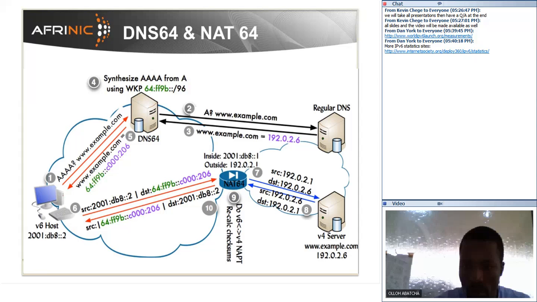So as we all know how NAT works, it remembers the address that came from within the network and sends it out with one of the IPs that it has. In this case, the source now has become 192.0.2.1, and the destination is the IPv4 DNS record that you got, which is 192.0.2.6.